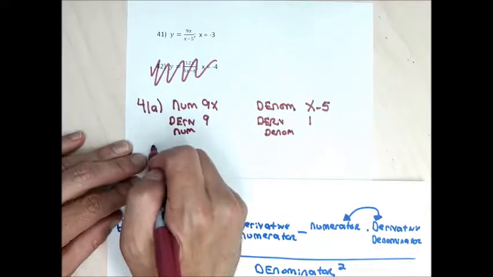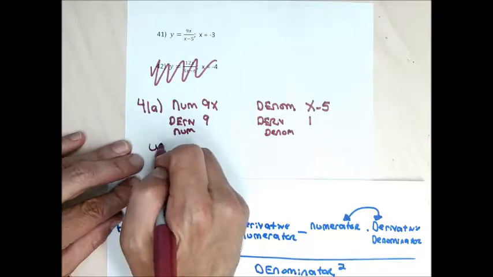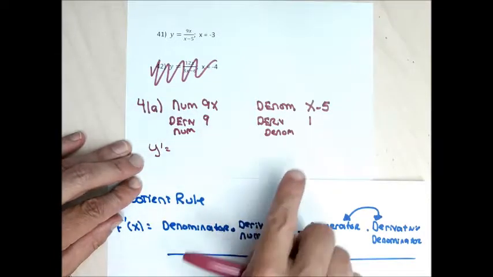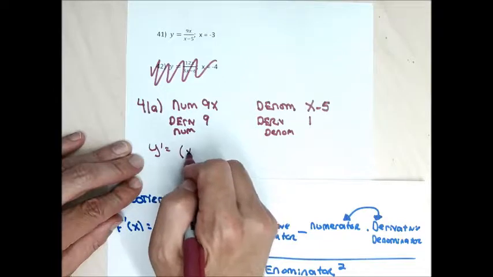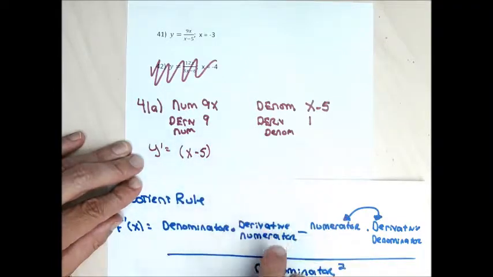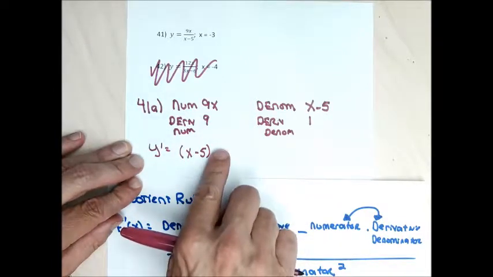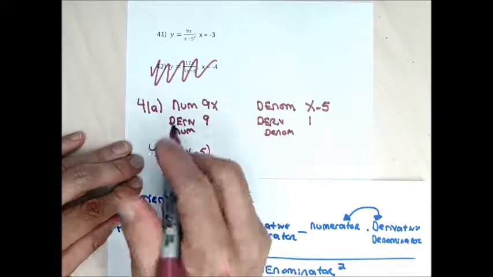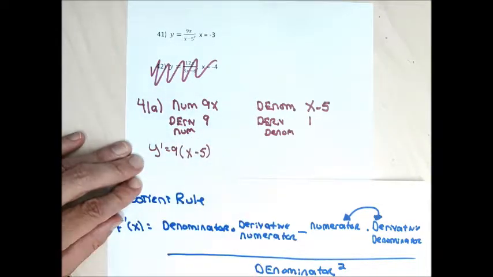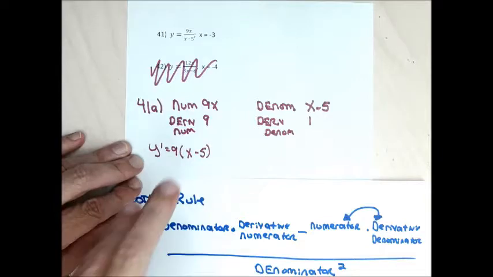To find the derivative, which I can use to find the slope of the tangent line, I'm going to do the quotient rule. So for 41a, I'm going to write y prime equals the denominator, which is x minus 5, times the derivative of the numerator, which is 9. I can write it after, but it's probably nicer to write it before. It's probably easier to see the simplifying. You could always flip-flop the order.